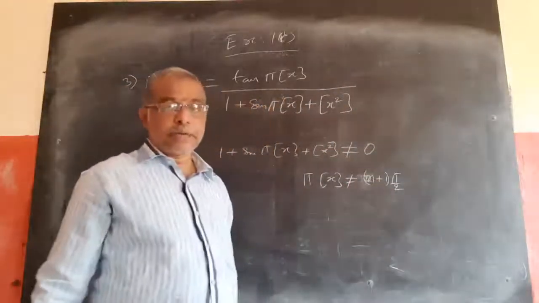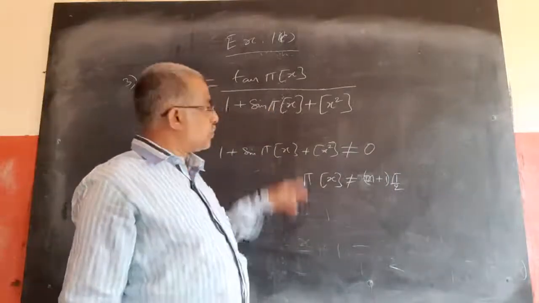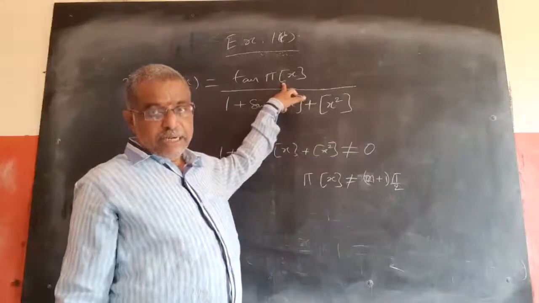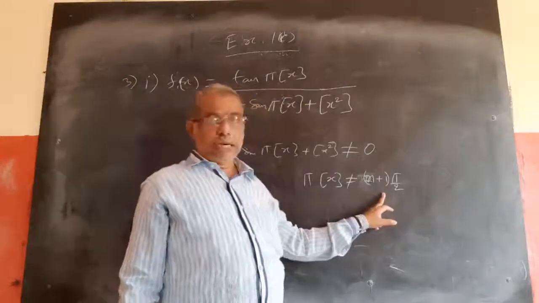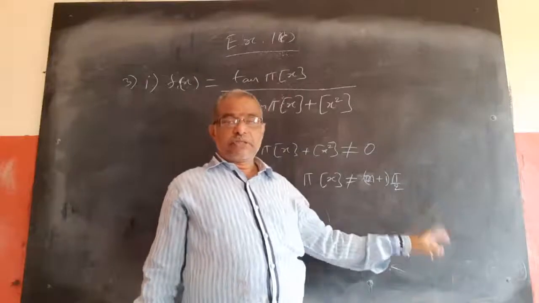If it is an odd multiple of pi by 2, tan 90 is undefined. So this is not equal to 2n plus 1 into pi by 2.